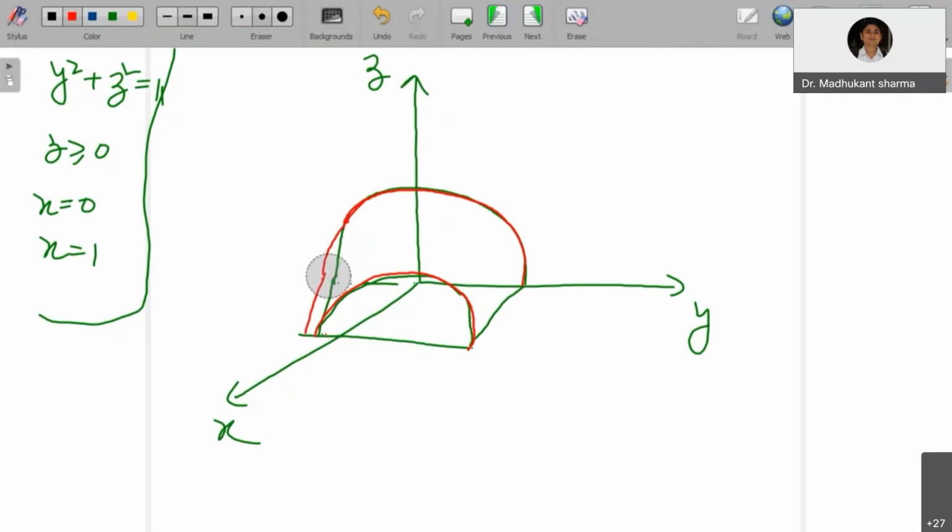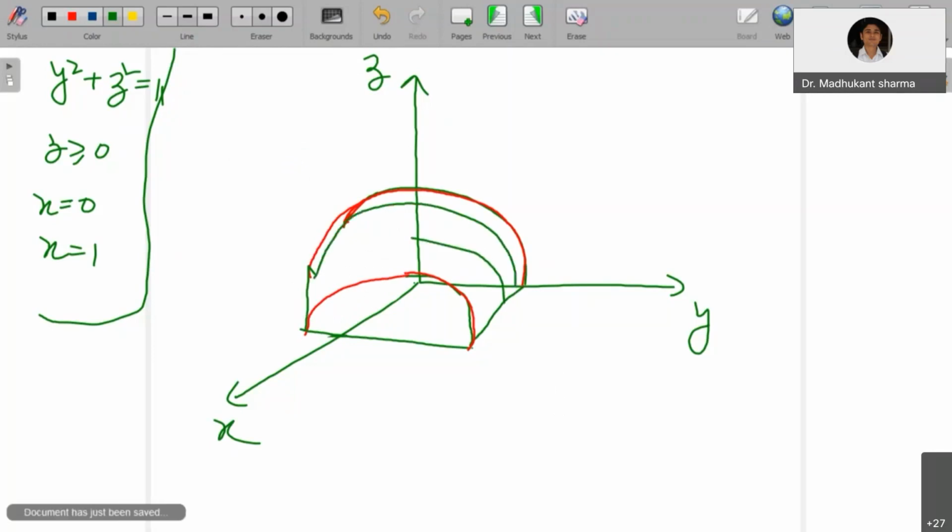Okay, I think I'm able to draw it. So this is a cylinder which is generated through this.